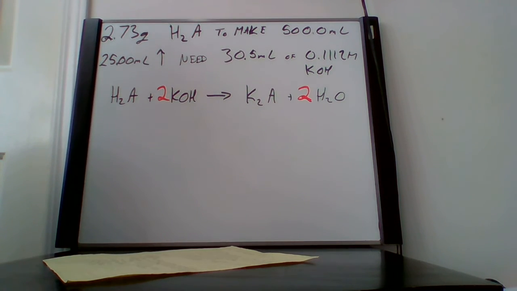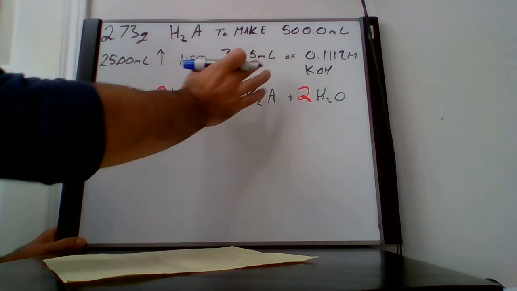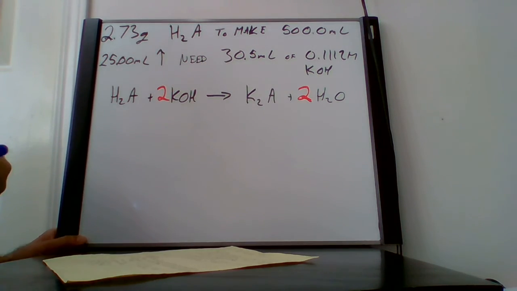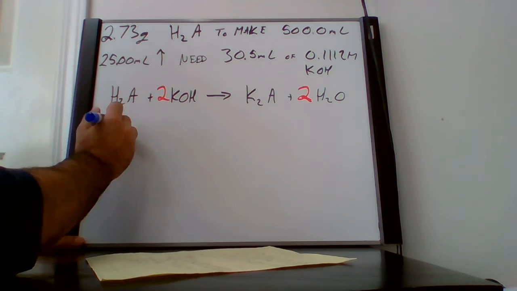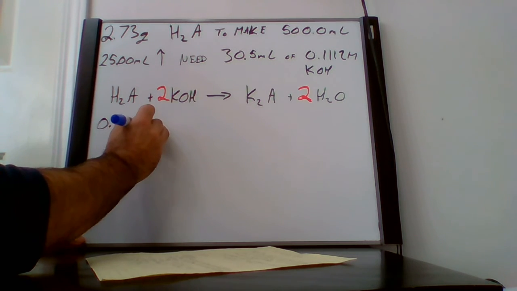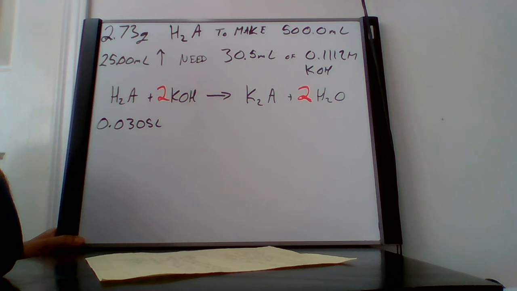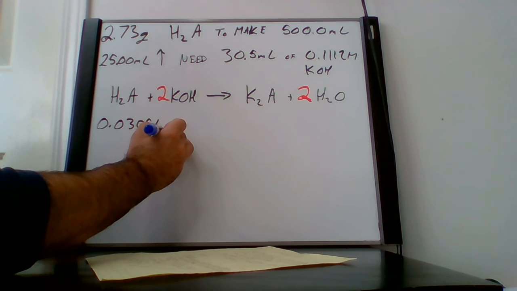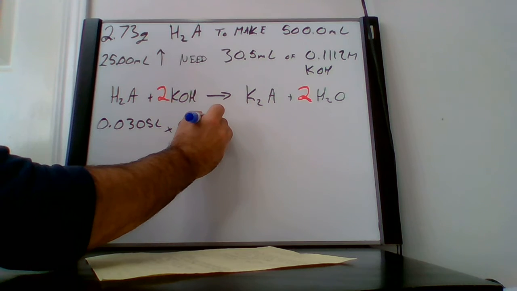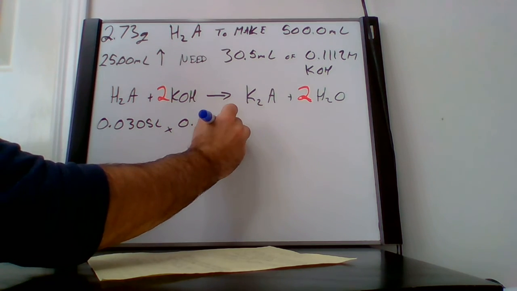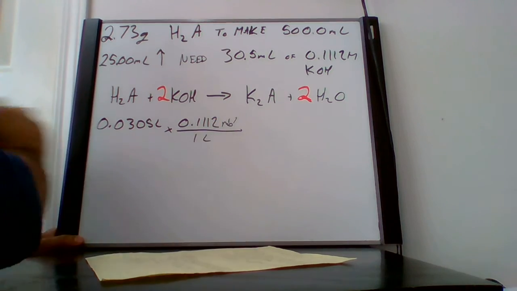We now need to figure out what the molar mass of this is going to be. So let's figure out the number of moles of acid we have, and then we can figure out our concentration. I needed this 30.5 milliliters, and I want to find out the number of moles of H2A that I can get from that. So we're going to take this 0.0305 liters of potassium hydroxide multiplied by our concentration, moles per liter.